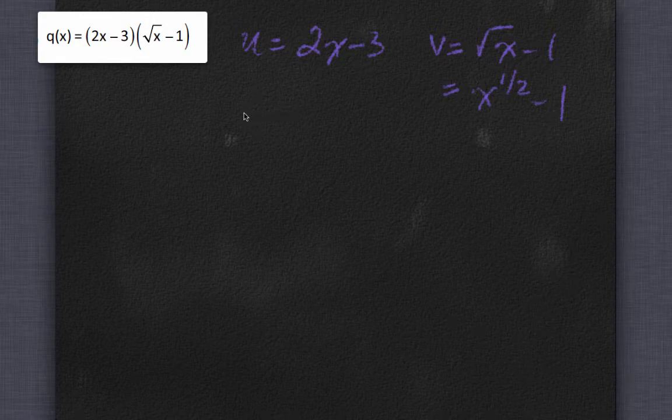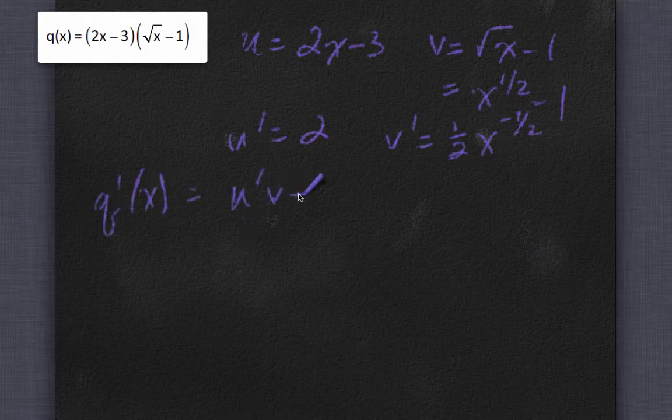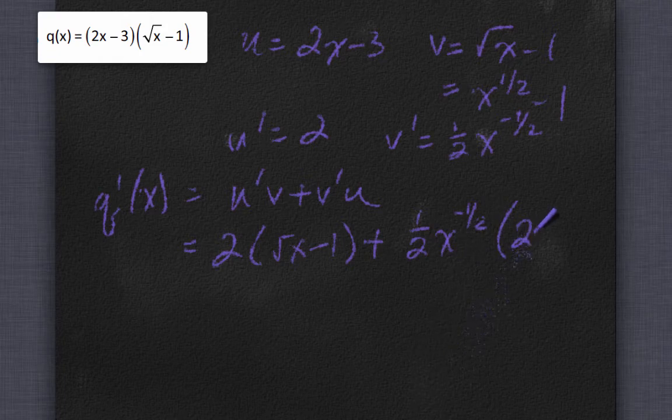Okay, so u prime is 2, v prime is 1/2 x to the 1/2 minus 1, which is negative 1/2. Q prime x is u prime v plus v prime u.